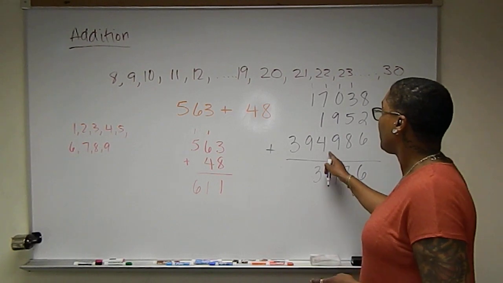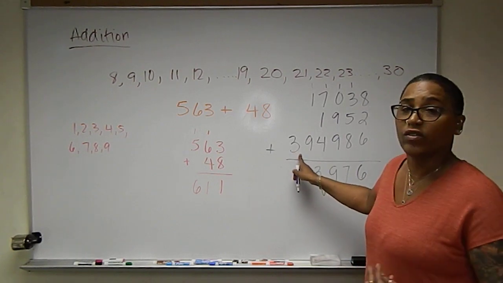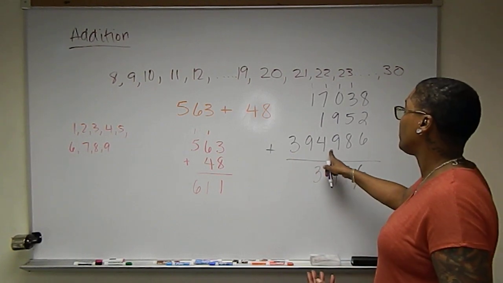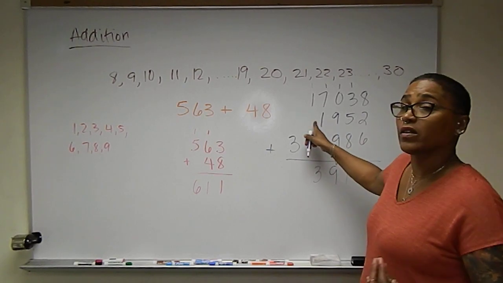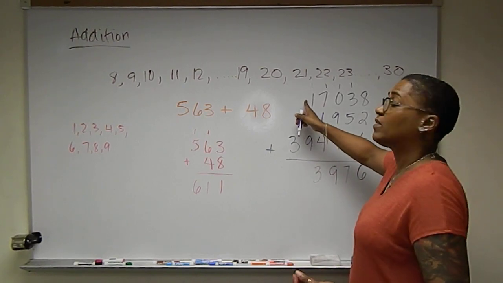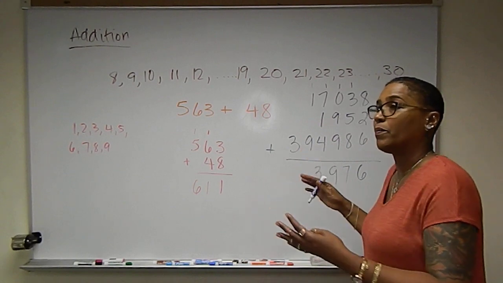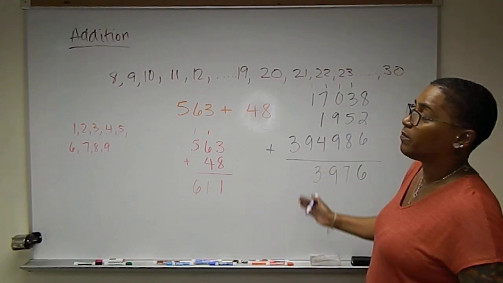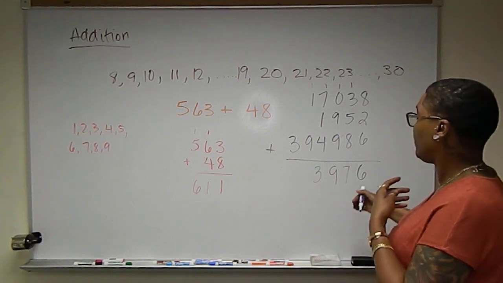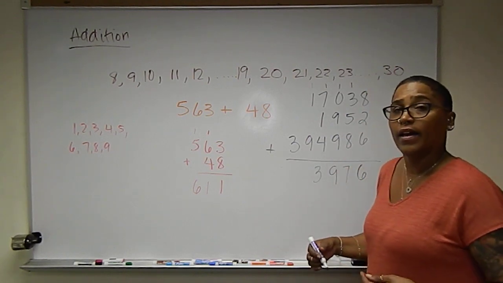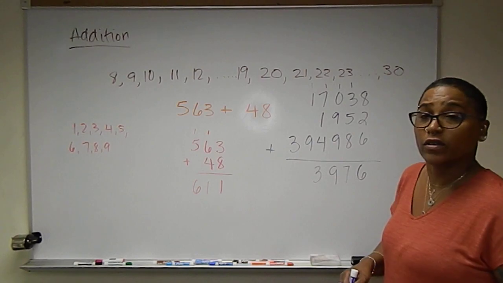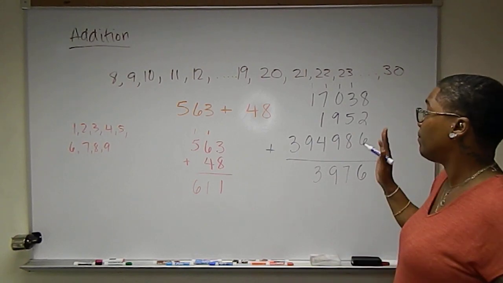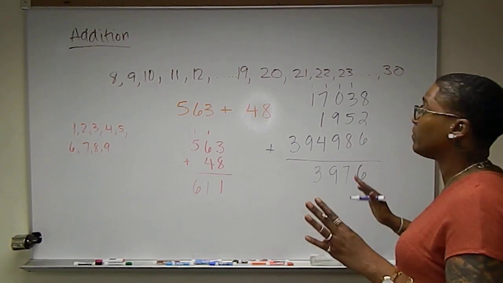Since our period goes all the way to the 100,000s, this one goes to the 100,000s. This one just goes to the 1,000. This one just goes to the 10,000. They're all in different periods. So you still will always start with the ones and line them up. And like I said, most places will have you put the larger number first. I believe in keeping the order it was given to you. That way you're not mixing up too much stuff and varying too many things.